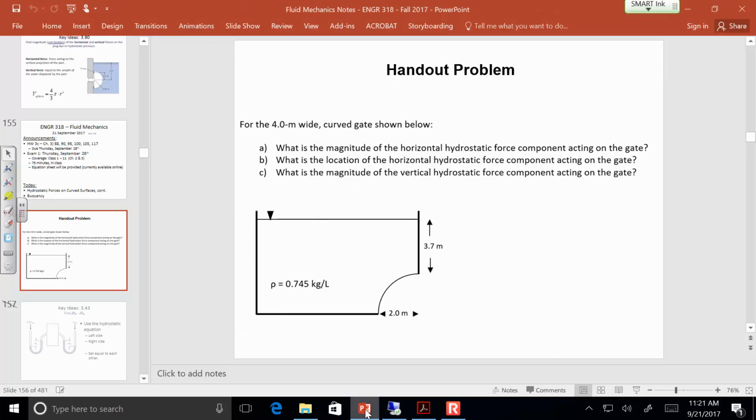And if I go back to here, this 2 meter radius dimension also rotates up to be 2 meters, which means the vertical projection of this curved surface is a rectangle that's 2 meters tall and 4 meters into the page, so 4 meters wide. That means the depth of the centroid will be the 3.7 from the water surface to the edge, and then another 1 meter down from this edge to the center of area of the projection.